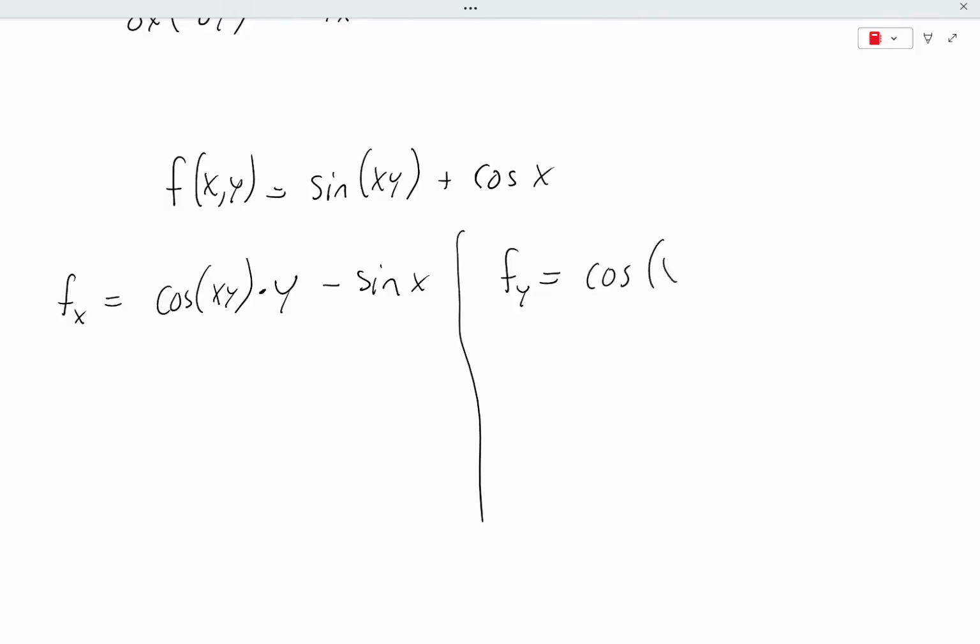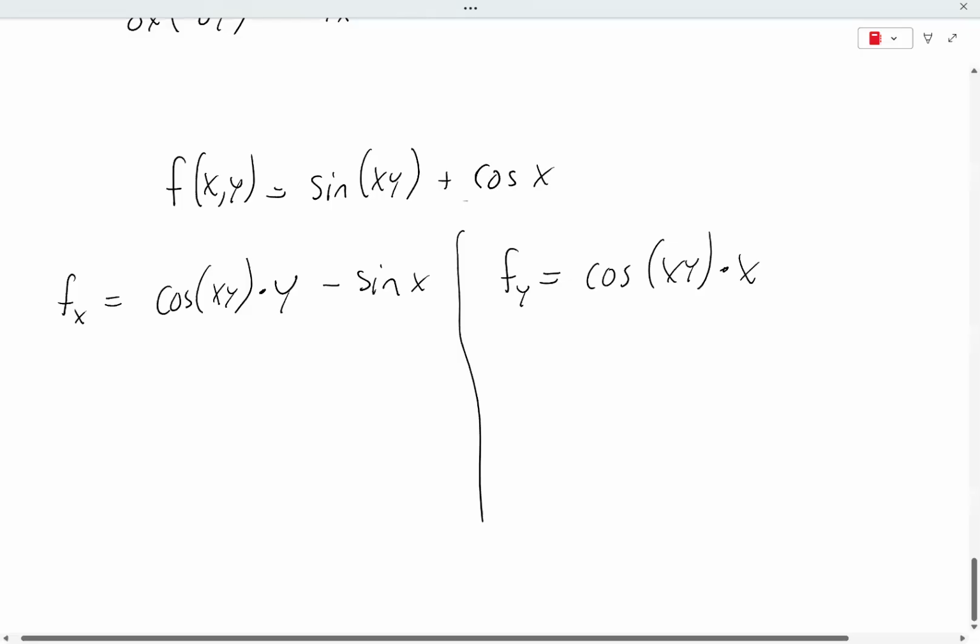Cosine xy times what here? Times x, because we're treating x like the constant multiplier. And then anything else? Plus 0, because this is a constant. You treat x like a constant, so that just drops off. You can say plus 0 if you want. I'll write the plus 0 just for emphasis, but anyway, that would drop off. So anything on that one?